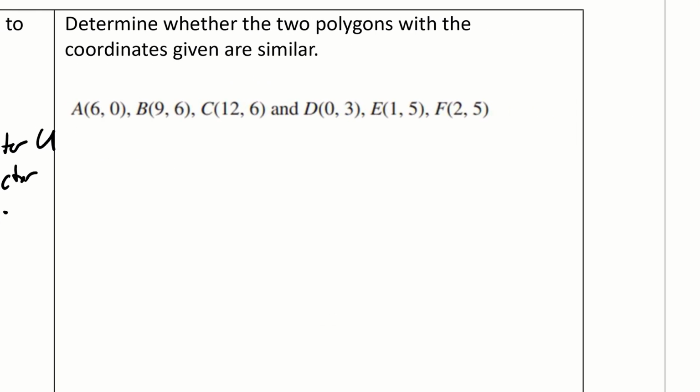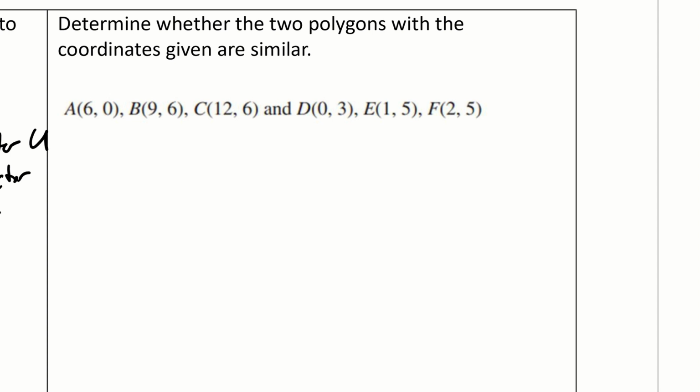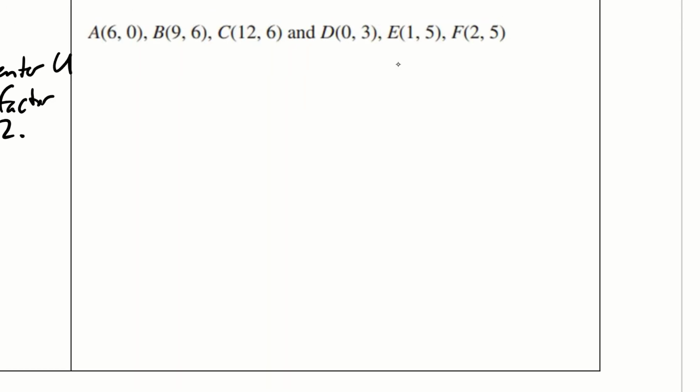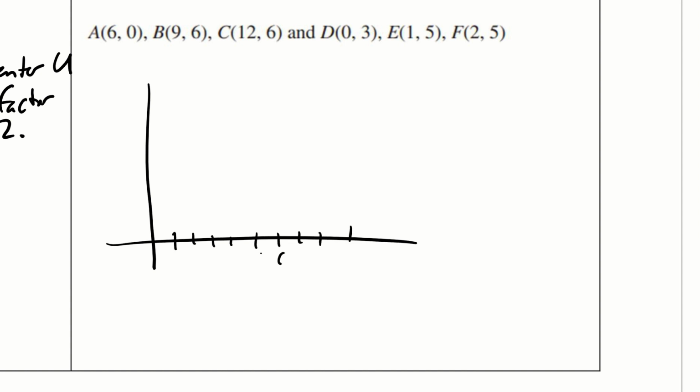All right, so determine whether the two polygons with the coordinates given are similar. So we're going to graph this, and then instead of doing the similarity transformations where I transform it and all that, I'm going to show that they're similar by using SSS similarity. So let's do that real quick. So let me go ahead and graph these. Okay, so here we got A is (6, 0).